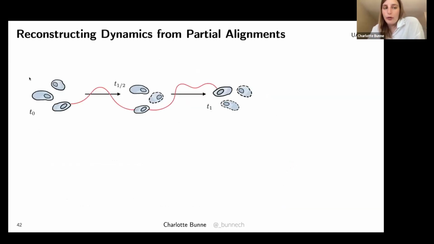So, of course, I demonstrated that we want to learn the stochastic process that describes my cellular dynamics over time. And I told you that, of course, these measurements are destructive. But biologists are very well aware that this is a huge limitation of those technologies. And so there are a couple of recent developments that try to overcome this limitation.